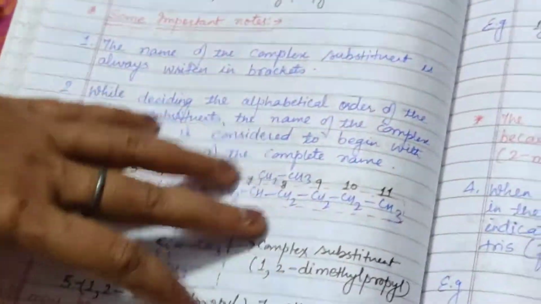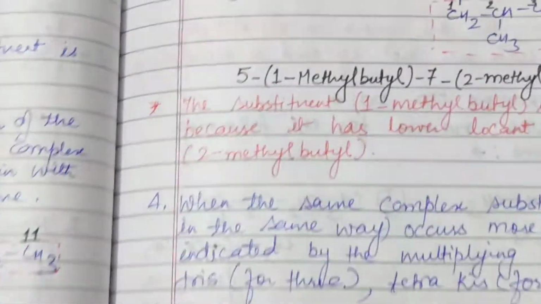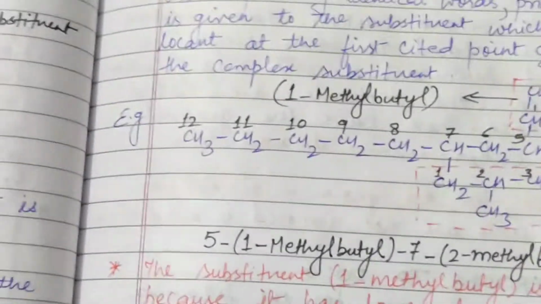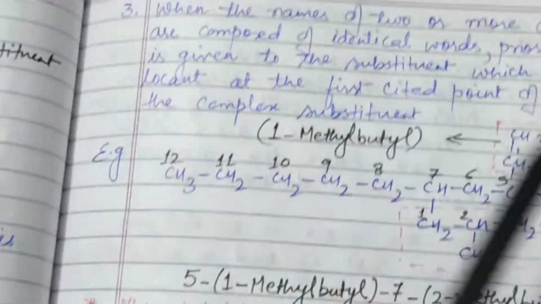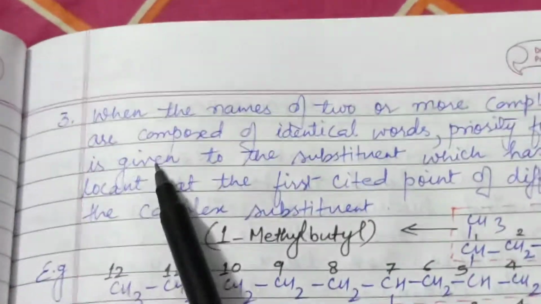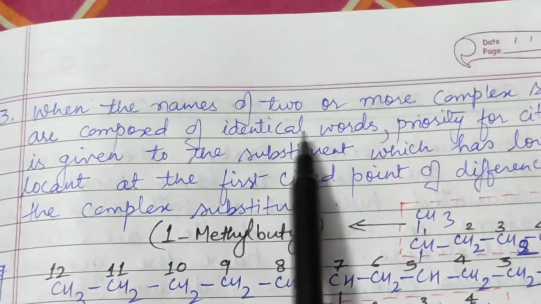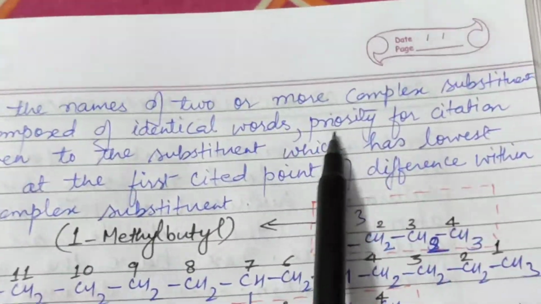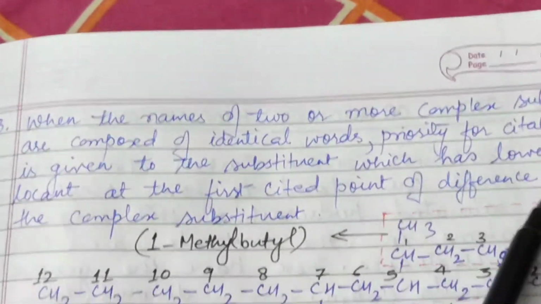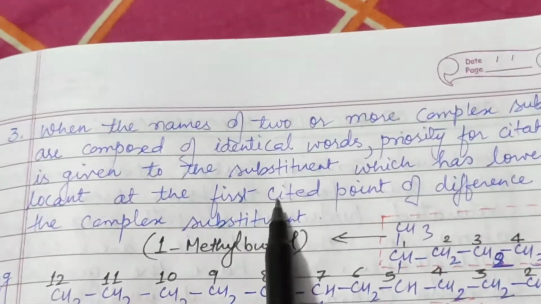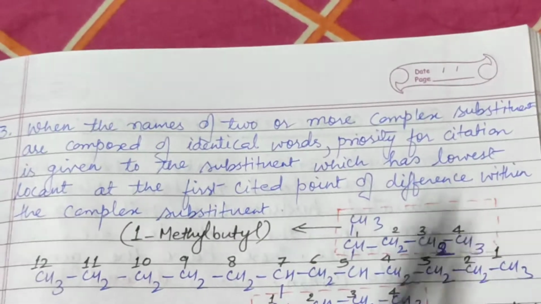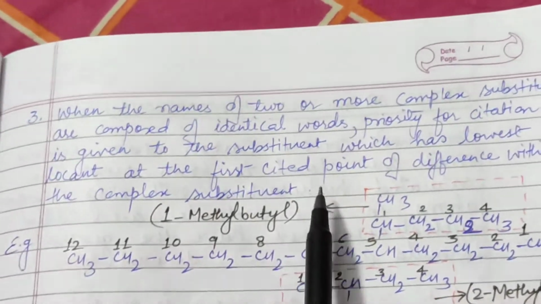Now third important point which you have to remember, that when the names of 2 or more complex substituents are composed of identical words, priority for citation is given to the substituent which has lowest locant at the first cited point of difference within the complex substituent.